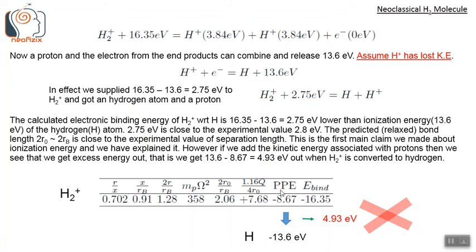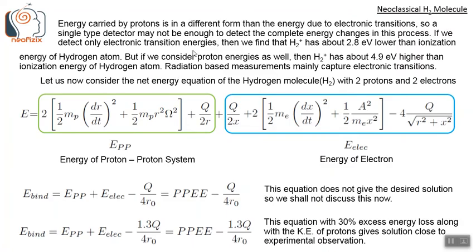So if it goes from minus 8.67 electron volts to minus 13.6 electron volt, it has to lose this 4.93 electron volt out to the system. But this is not observed. This does not happen. The energy carried by protons is in a different form than the energy due to electronic transitions.